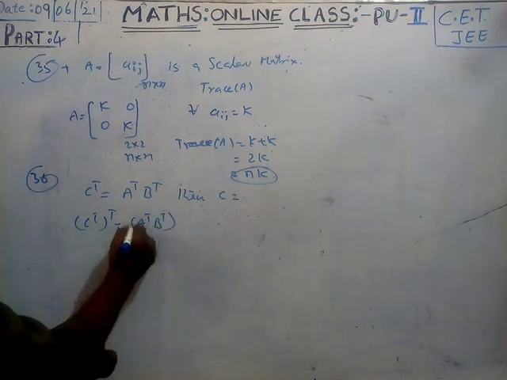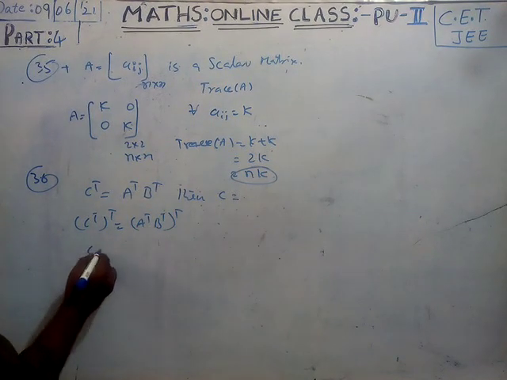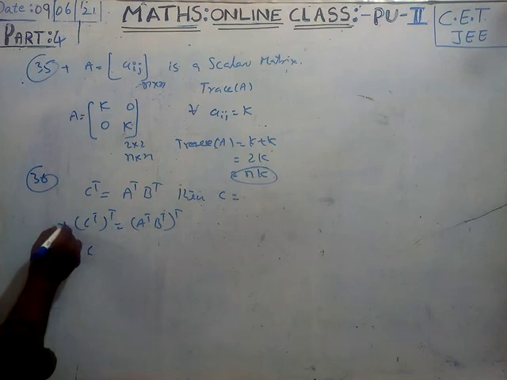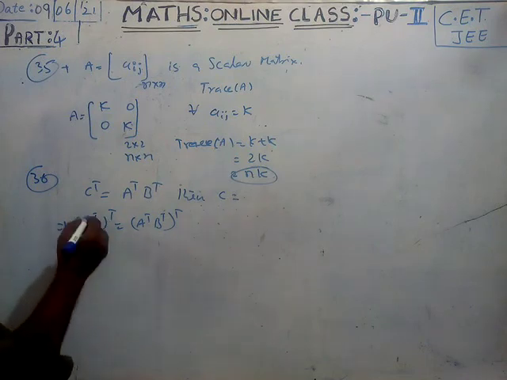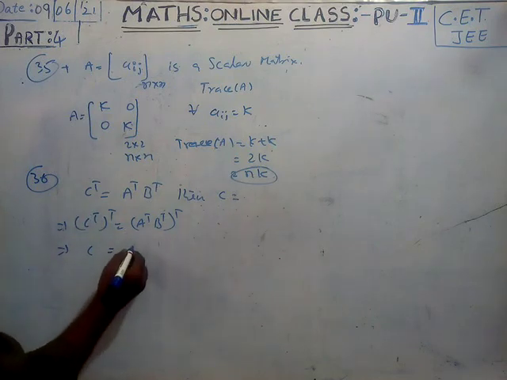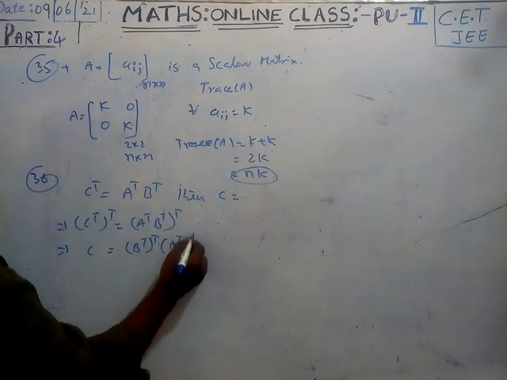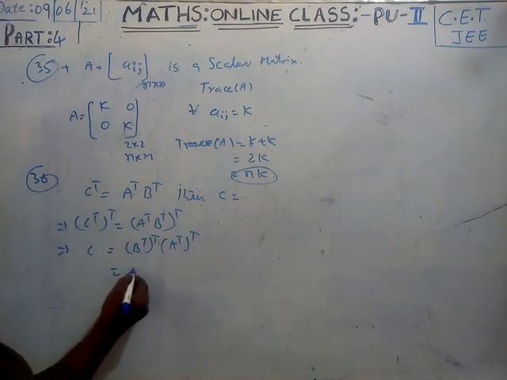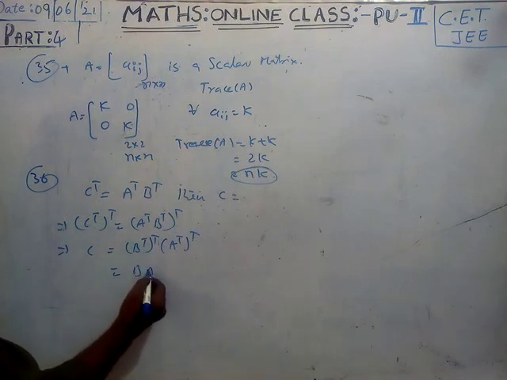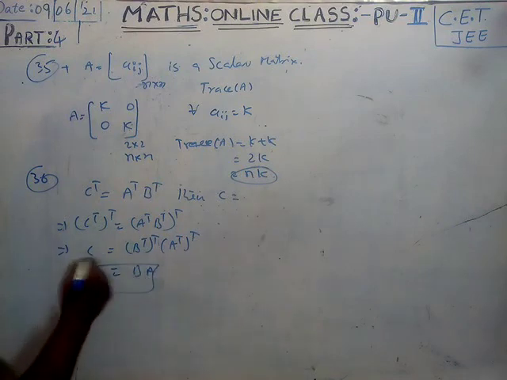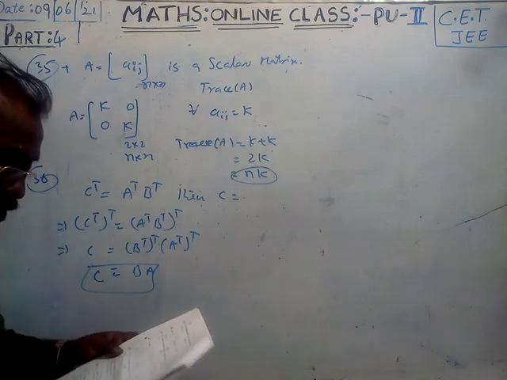A transpose B transpose, whole transpose, is C only. Okay? Transpose, whole transpose cancels, only C will come. It is B transpose, whole transpose, A transpose; it reverses. So again it is B, A. So C is equal to BA.